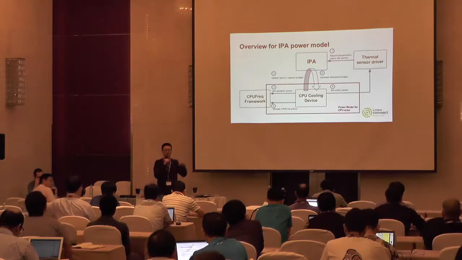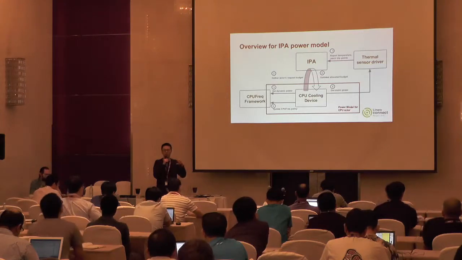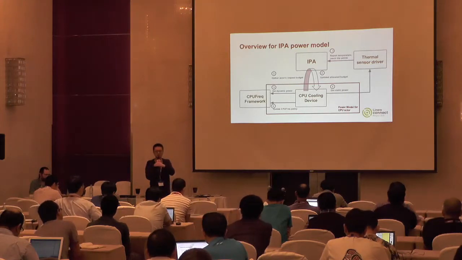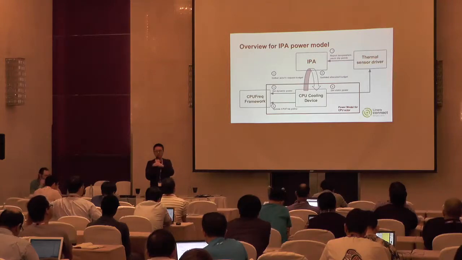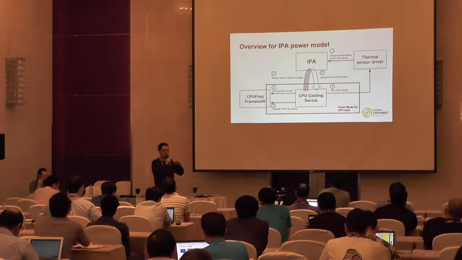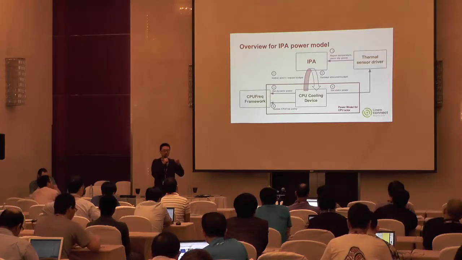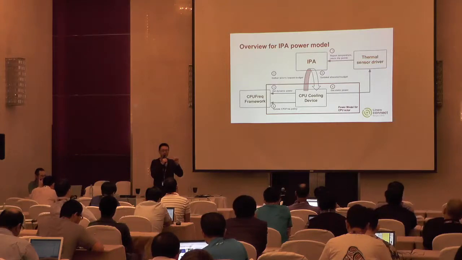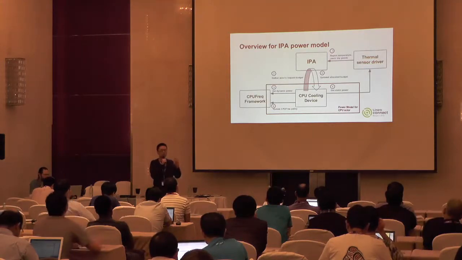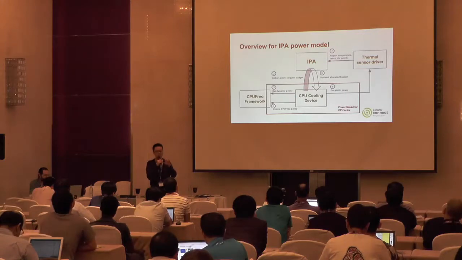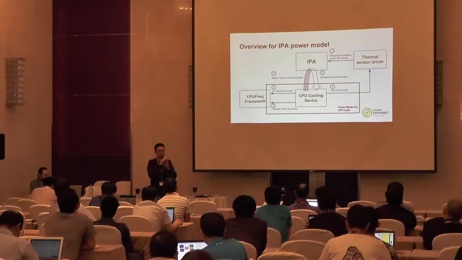For example, for the GPU it will use another driver, the devfreq cooling device. But for the CPU part, we just use the CPU cooling device. In the CPU cooling device, it calculates the requirement from the CPU part: what dynamic power it requests and what static leakage it requests. After gathering these two parts of the power data together, it returns them back to IPA.